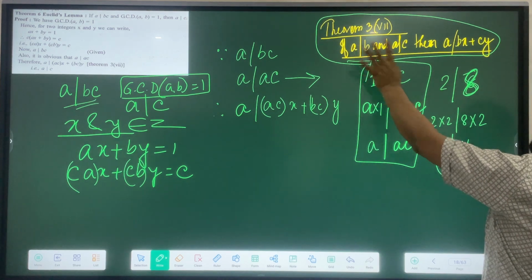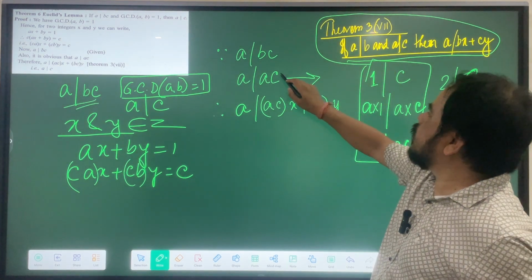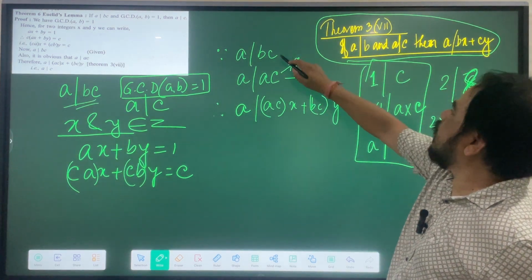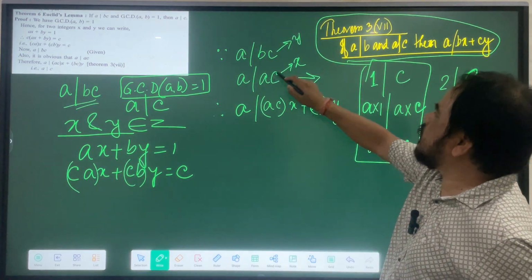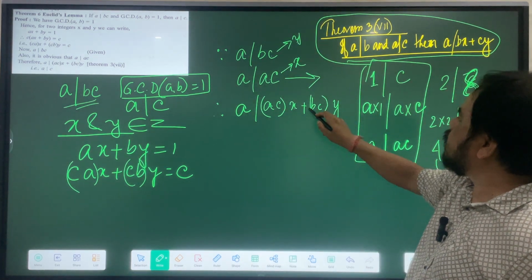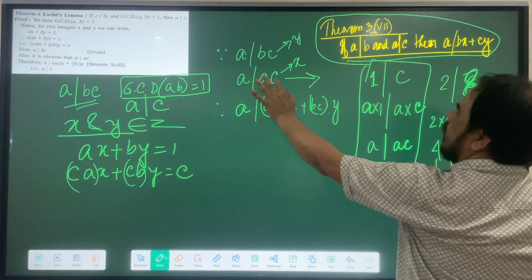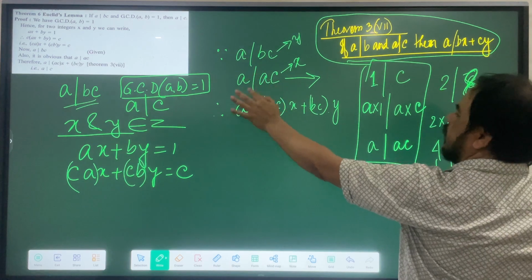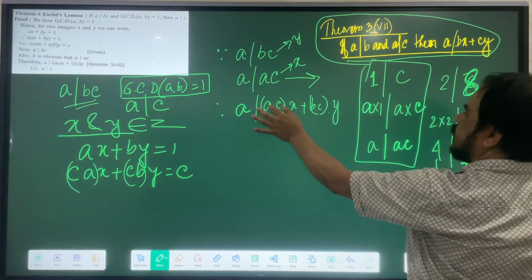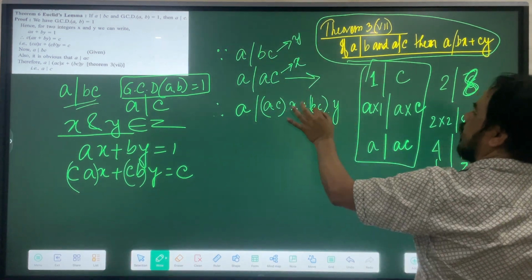With one, X will come, with another one, Y came. ACX, BCY. A divides B, A divides C, so A divides BX plus CY.